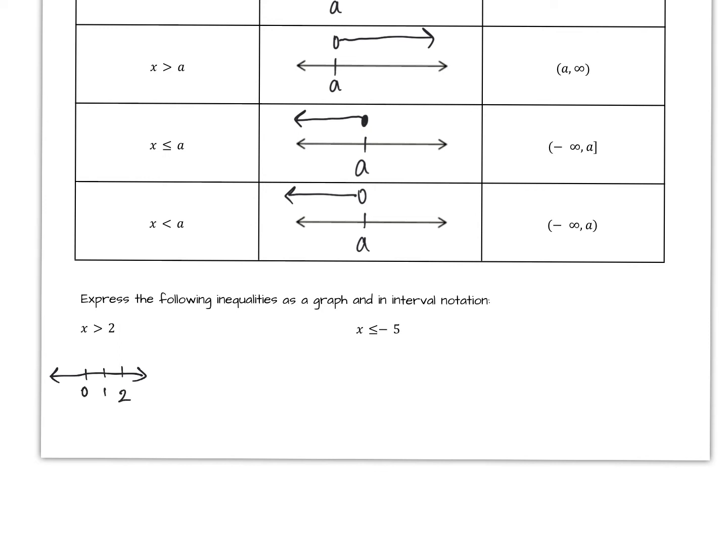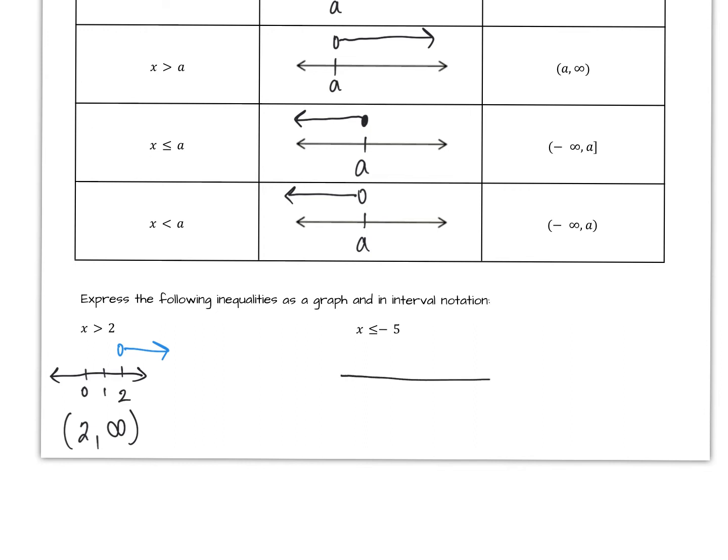Because we have a greater than, I'm going to put an open circle at 2. The inequality points to the right, so it's everything to the right. My interval is my number, in this case 2, comma infinity. Infinity always gets a parenthesis, and because it's strictly greater than, the 2 also gets a parenthesis.